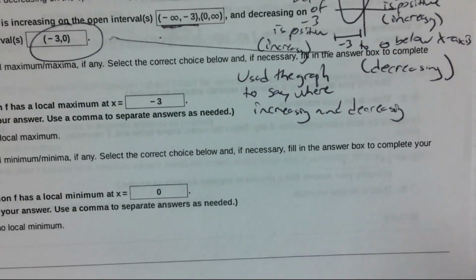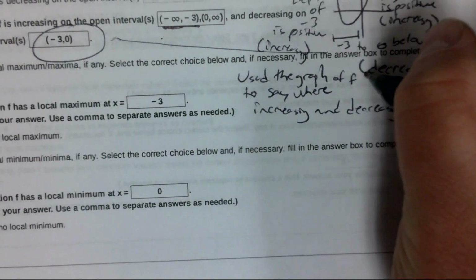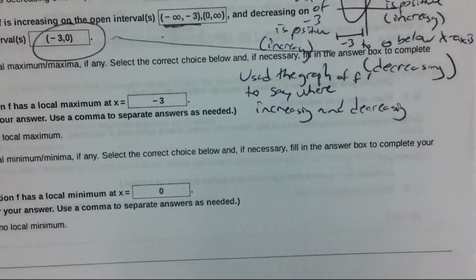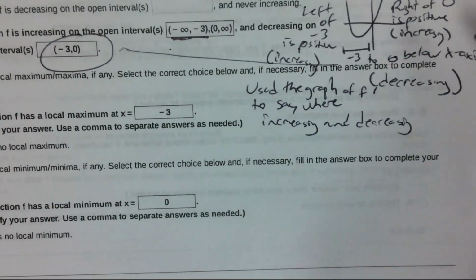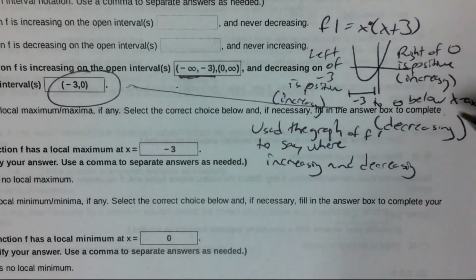And I'm going to even be a little more specific. Use the graph of f prime. That's what it gave you. And so we graphed it and we saw where it was above and below the x-axis.